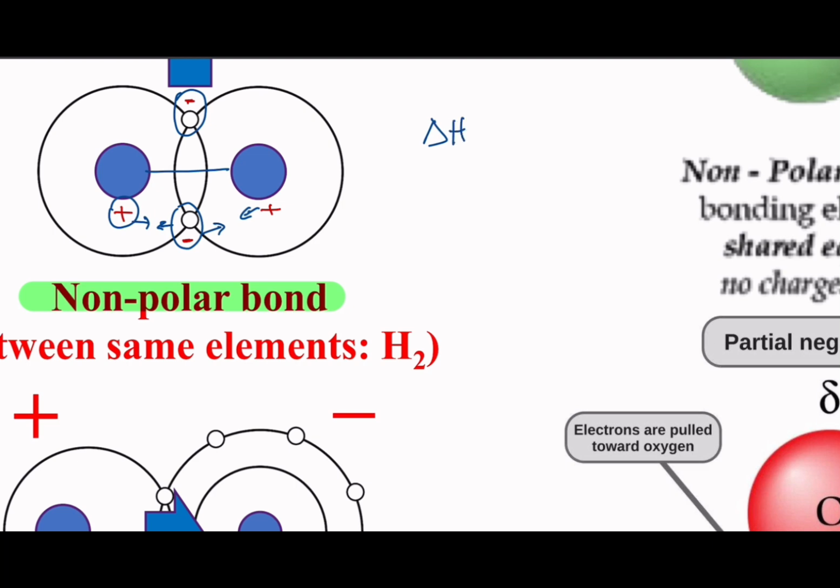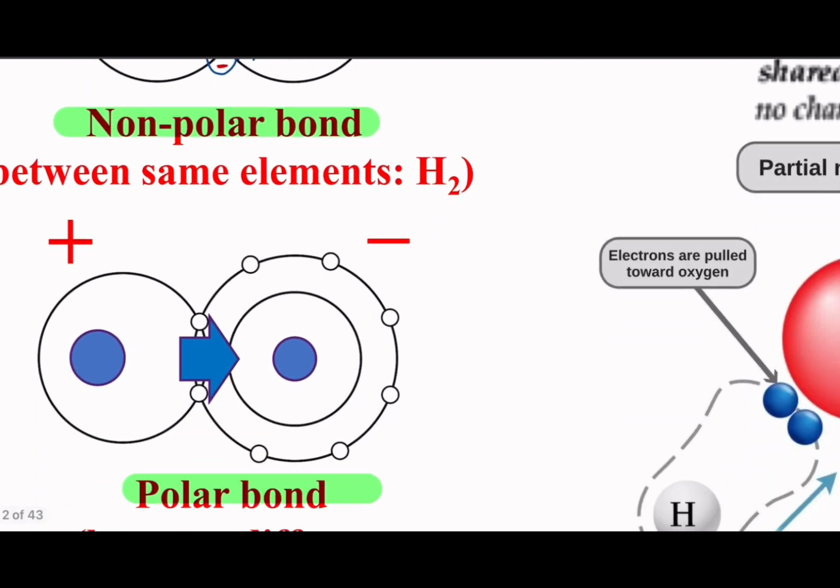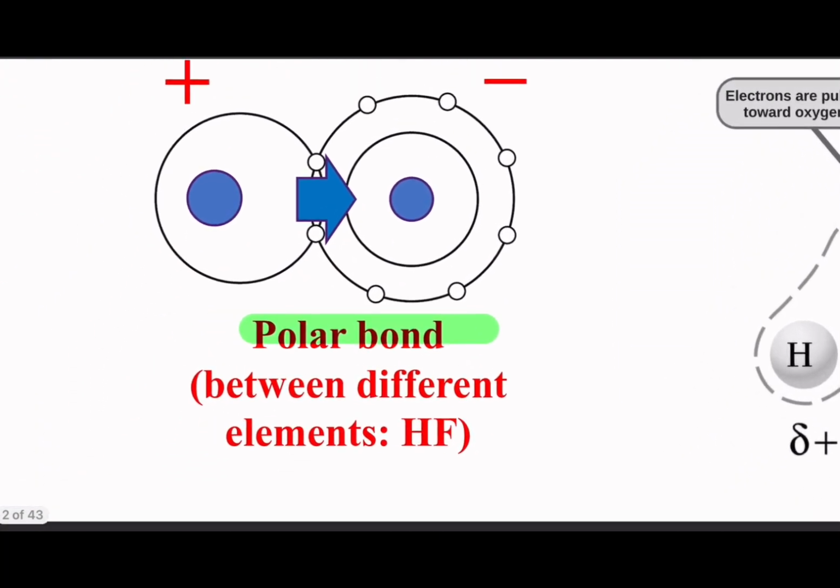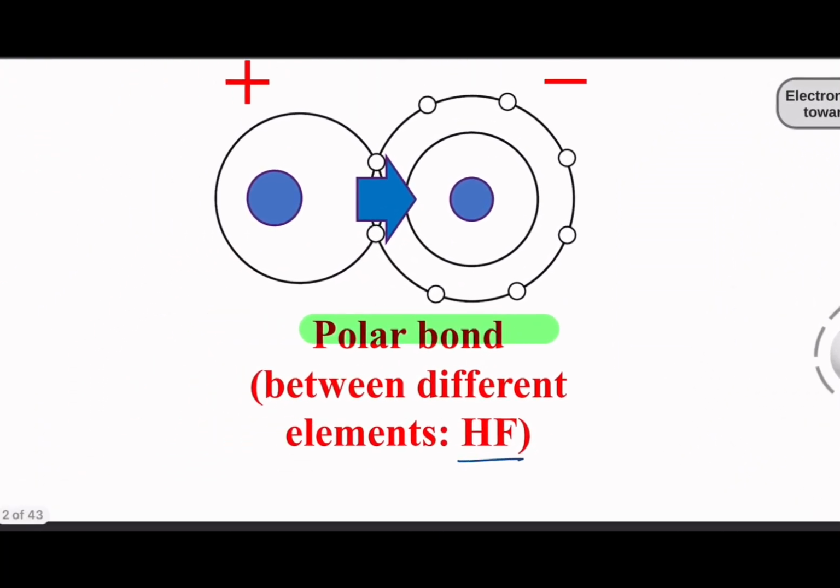An example given to us was hydrogen. We know that the electronegativity difference for hydrogen is going to be 0, and that's why it is nonpolar. For the polar ones, for example, we have hydrogen fluoride. The electronegativity difference has to be more than 0.5 but less than 1.7 or 1.8.